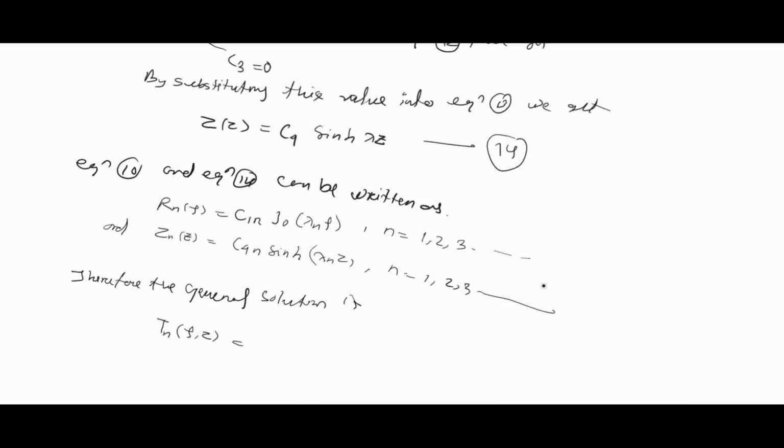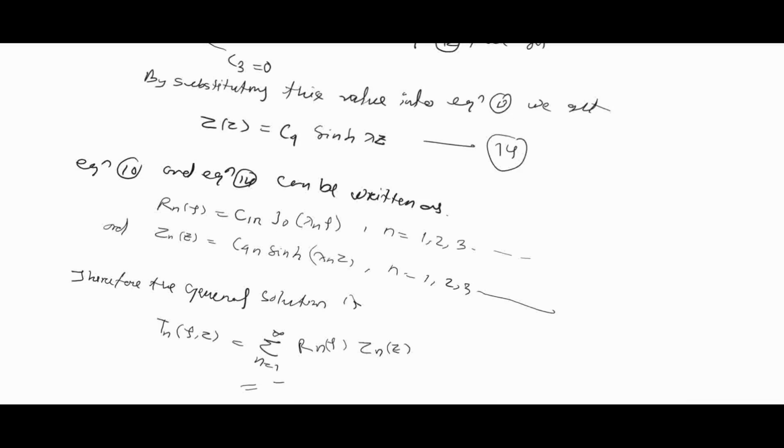So here we can write the summation of n is equal to 1 to infinity of Rn rho into Zn z.